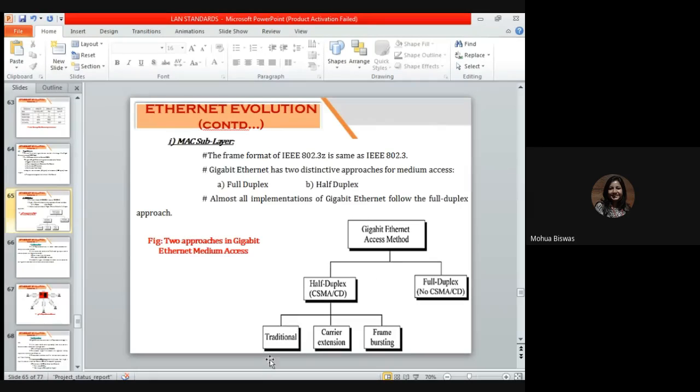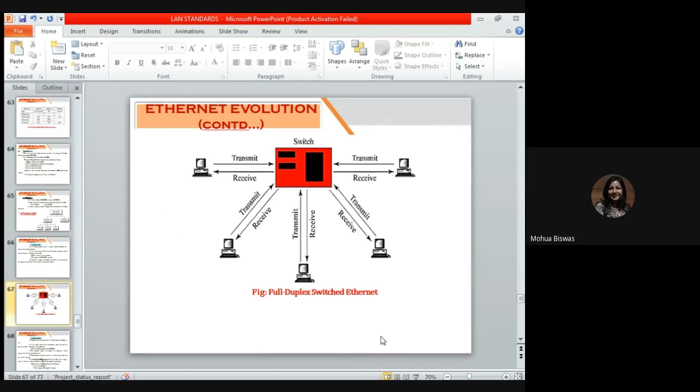Under half duplex, collisions normally happen, so to reduce the collisions to some extent they have used approaches: the traditional method, carrier extension, and frame bursting.